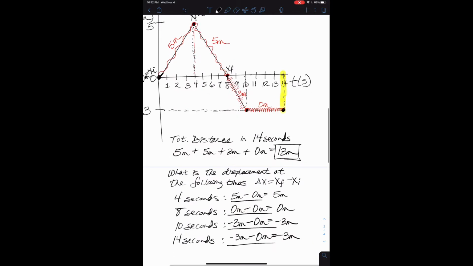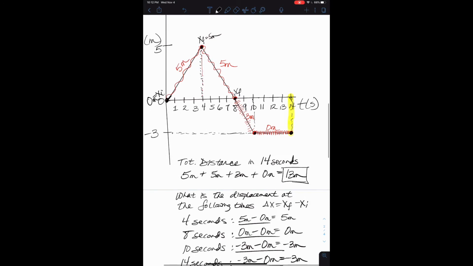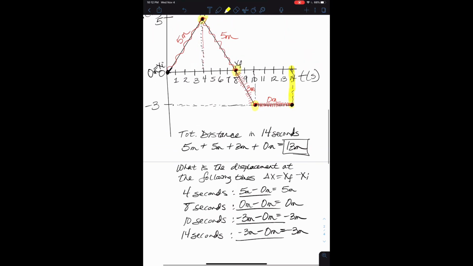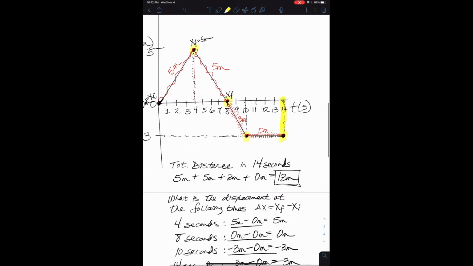What we saw is at 4 seconds we were 5 to the right from 0. At 8 seconds we were at 0, so we had a displacement of 0. At 10 seconds we were 3 to the left because we were at -3, so our displacement was -3. And at 14 seconds, we were still 3 to the left, and that's why our displacement was -3. All right, so that's kind of the idea there.